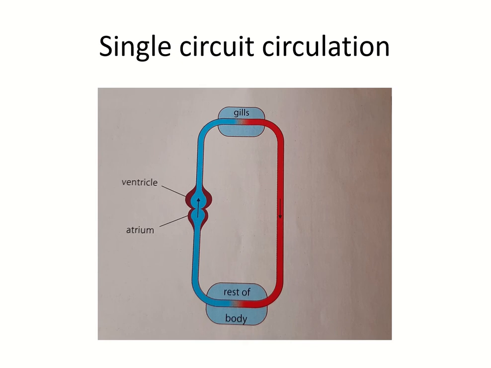Then from the ventricle, it is pushed to the gills where aeration, oxygenation takes place, and that oxygenated blood from the gills is circulated within the whole body. As you can see, the blood does not enter twice into the atrium and ventricle. That's why this circuit is called single circuit circulation.